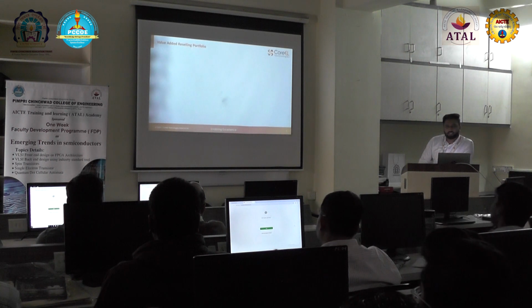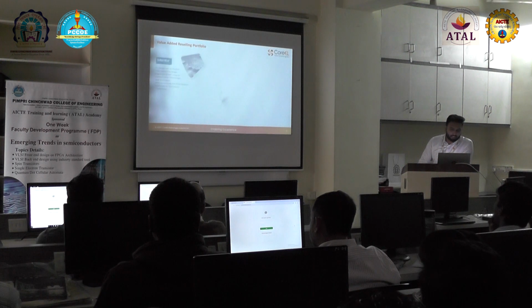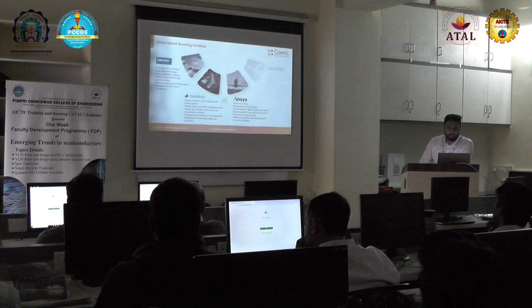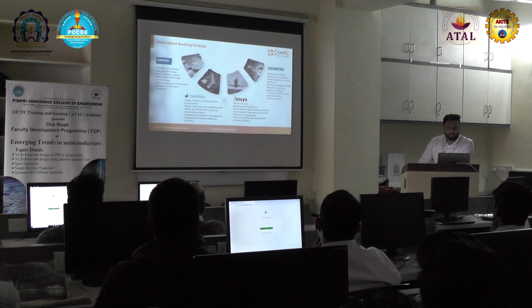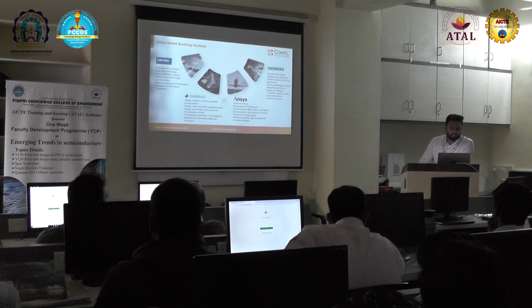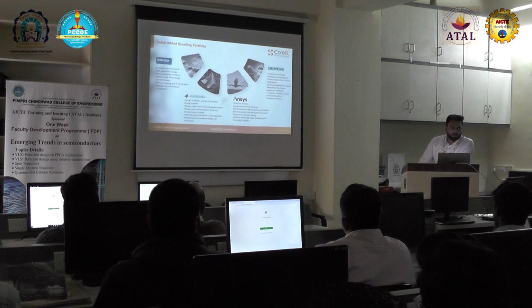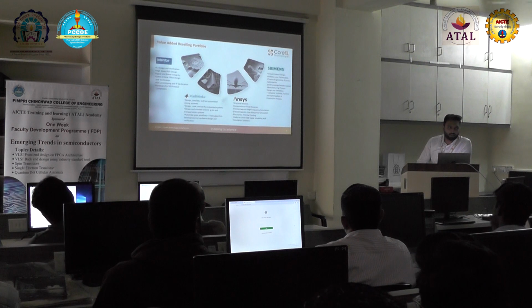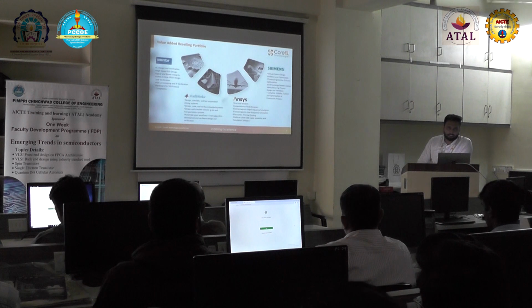And we have a value-added reselling portfolio: Mentor Graphics, MathWorks, ANSYS and Siemens. With Mentor Graphics, we have bundled tools including IC design and verification, high-speed PCB design, signal and power integrity, and safety critical FPGA design and verification. However, all the institutes and engineering colleges have leading companies from whom they procure IC nanometer design tools, either Cadence or Mentor Graphics.